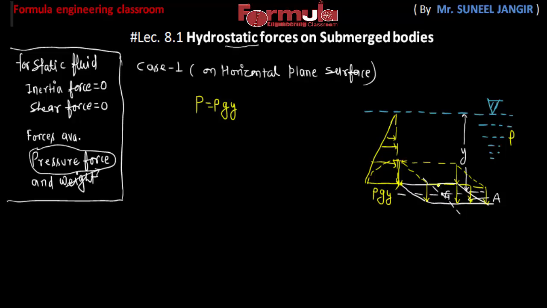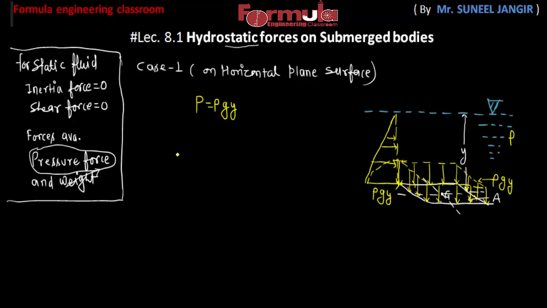It looks like this. Every arrow has the same pressure intensity, equal to rho g y.